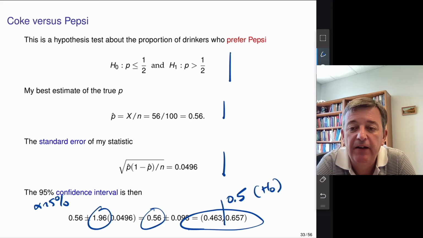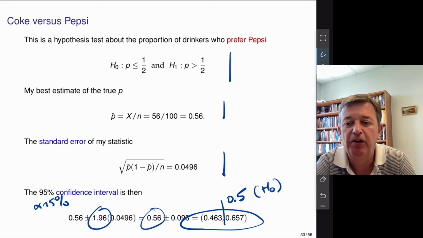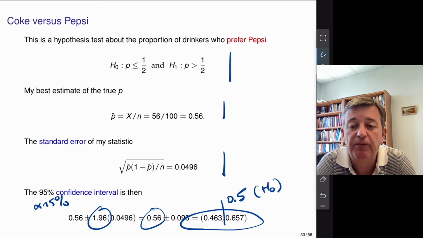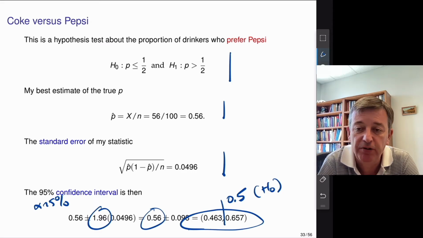So no evidence at the moment to say that Pepsi's claim is true. How would we figure that out? Well, clearly the gold standard test would be larger and larger sample size. As the sample size gets bigger and bigger, my 95% confidence interval will hone in on the truth.